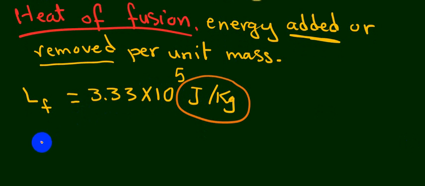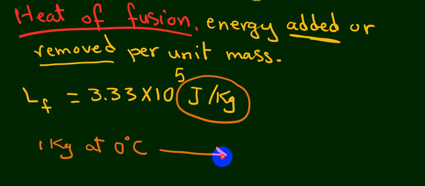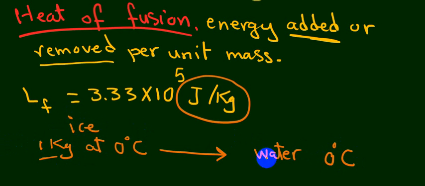It means that if you have 1 kilogram of ice at 0 and you need to change it into water also at 0, so here 1 kilogram of ice at 0, and you need to just melt the ice to become water at 0 without any change in temperature, you need 3.33 times 10 power 5 joule of heat to carry out this process.